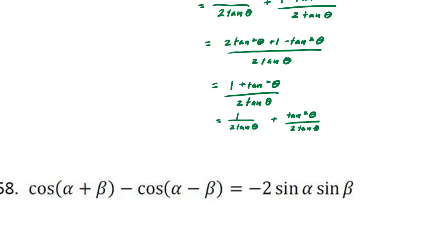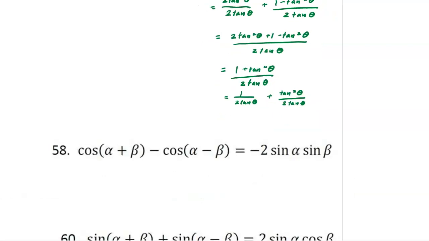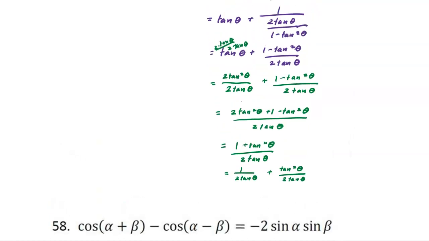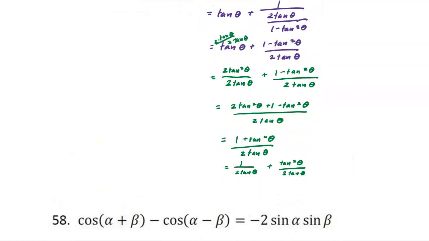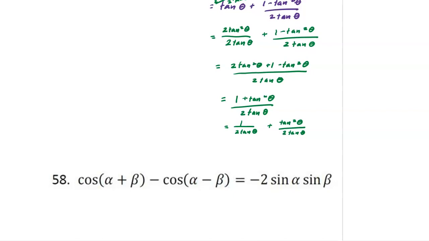So cotangent becomes a cotangent. Can I split that up further? Let's see, tangent theta. I think I could make it into a cotangent if I wanted to, but how is that going to help me?